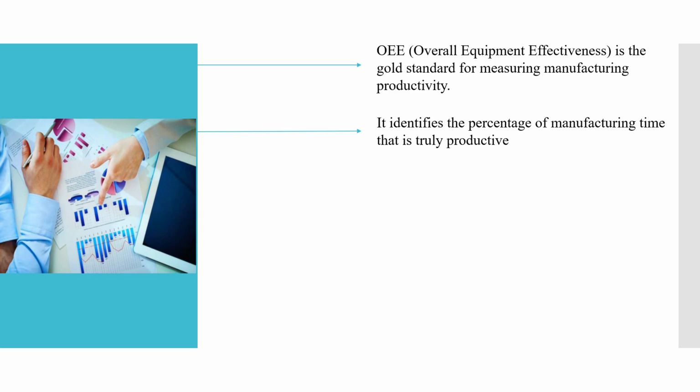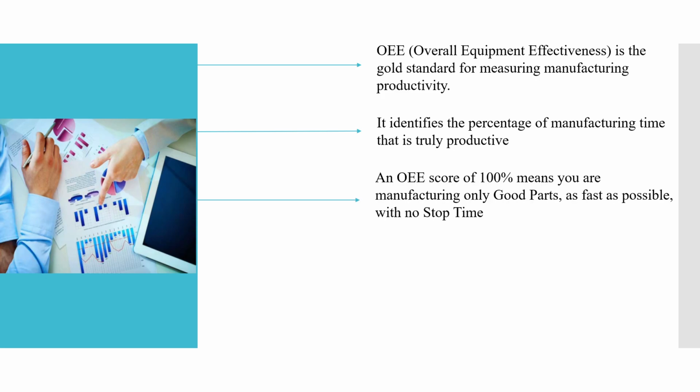At last, OEE will give one number, and that number indicates how effectively your manufacturing unit is utilizing all the time to achieve good productivity and efficiency. Simply, an OEE score of 100% means you are manufacturing only good parts, as fast as possible, with no stop time.